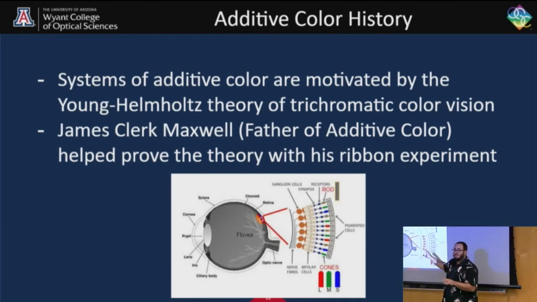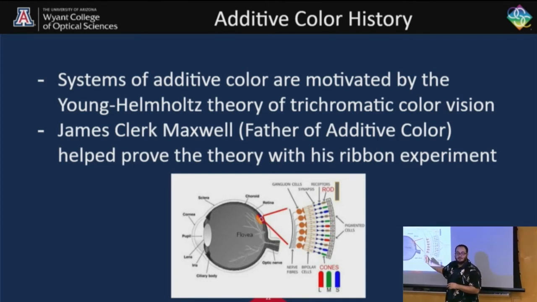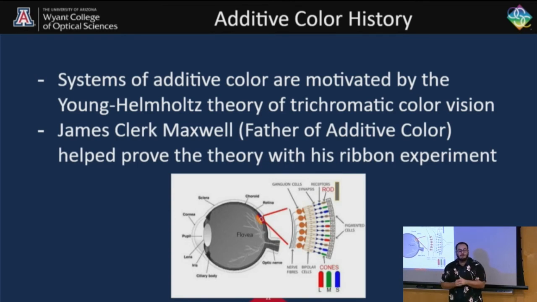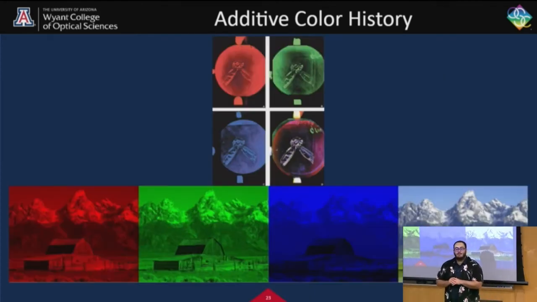Now this was just a theory at this point that we had these different color receptors in our eyes. But it wasn't until James Clerk Maxwell, who's considered the father of additive color, actually helped to prove this theory with a really fun experiment. What he did in this experiment was he took a beautiful ribbon, and took 3 different images of it.